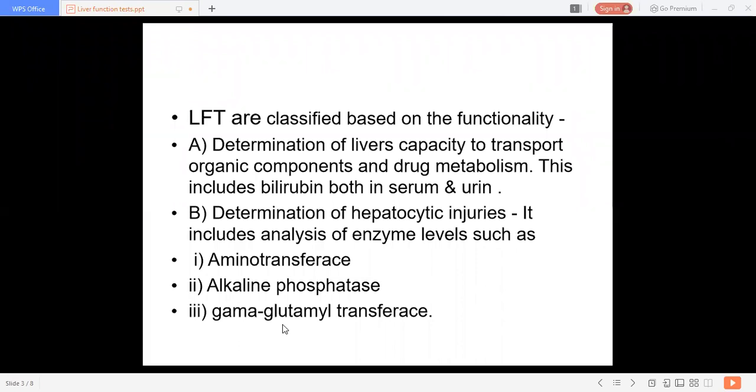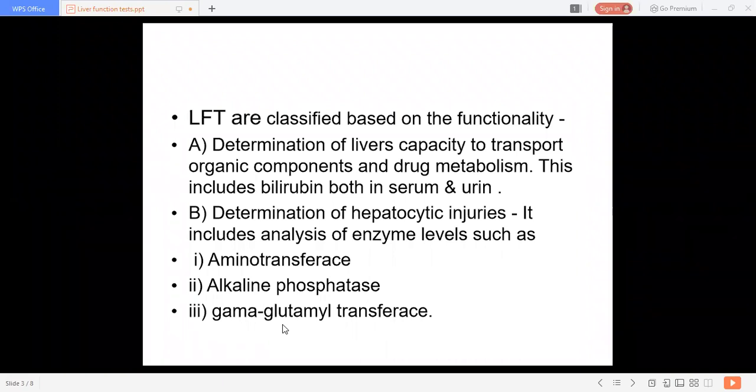In pathology, in conditions such as viral hepatitis, that is hepatitis A, B, and C, the levels of GGT are elevated and remain so up to 6 weeks of illness.